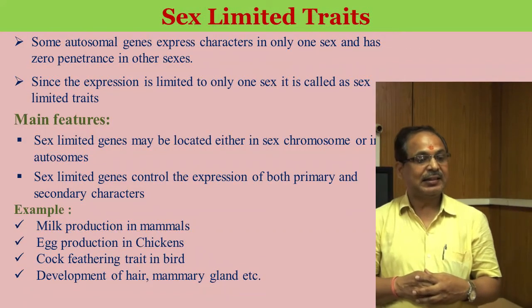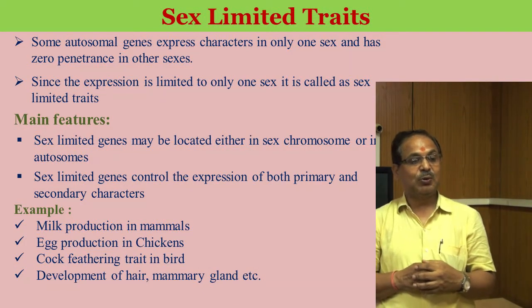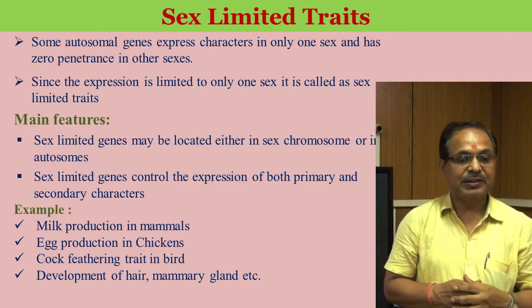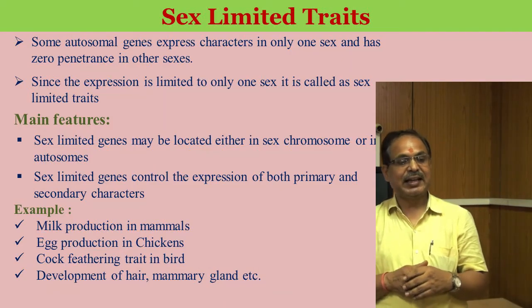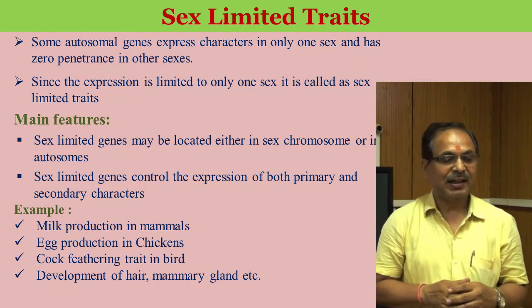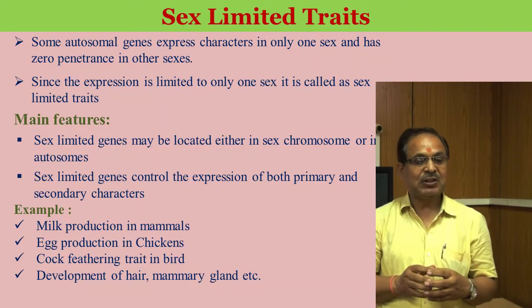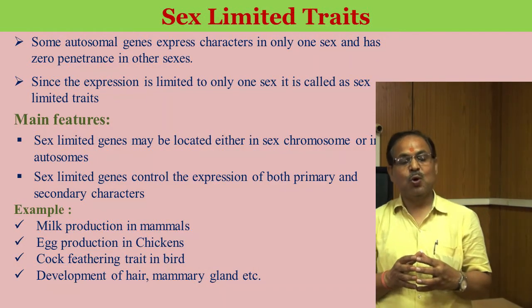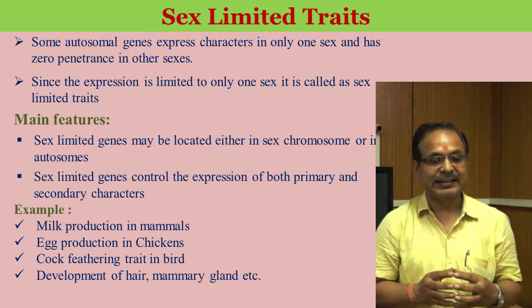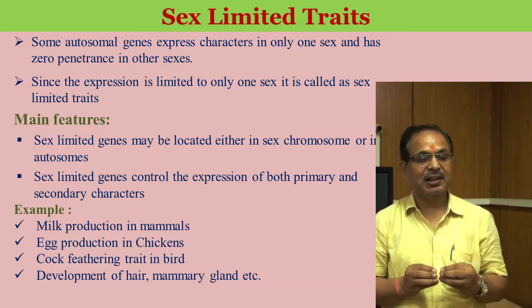The next one is sex limited traits, in which some autosomal genes express the characters only when one sex has genopenetrance over the other sex. It means that the expression of the trait is limited to a particular sex, and that's why it is considered a sex limited trait.